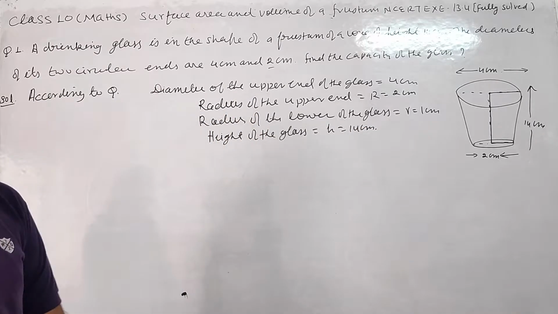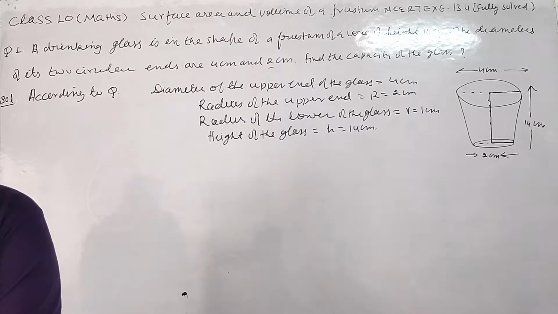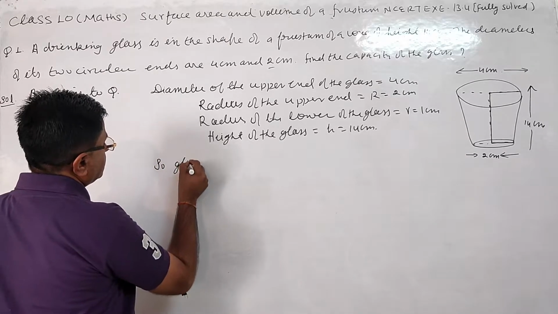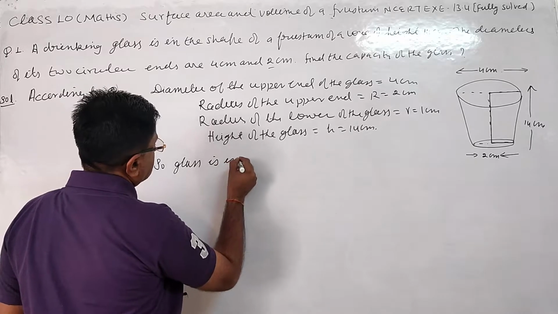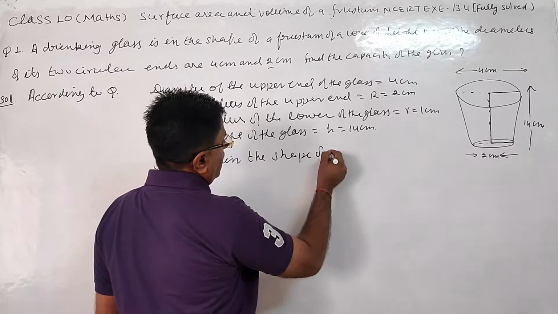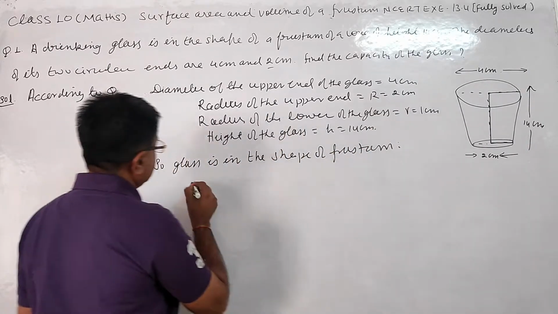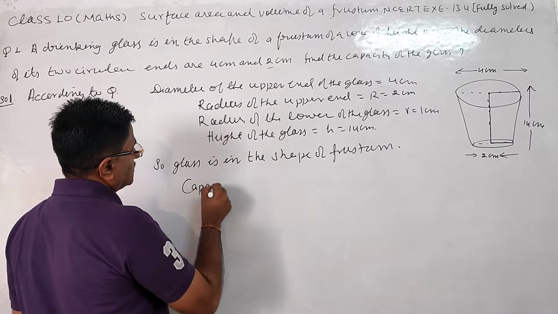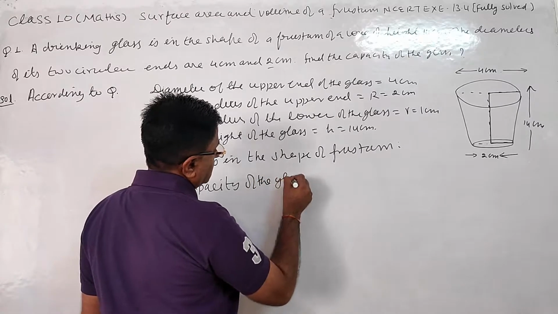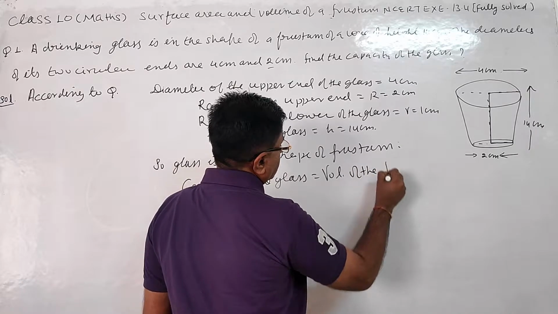Now the problem says you have to find the capacity of the glass. The glass is in the shape of a frustum. So capacity of the glass is equal to volume of the frustum.